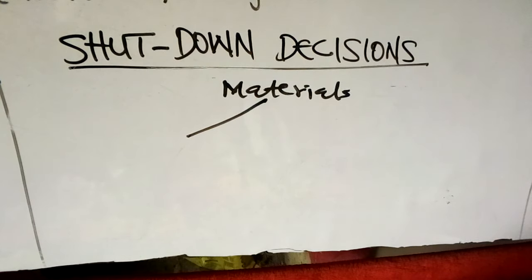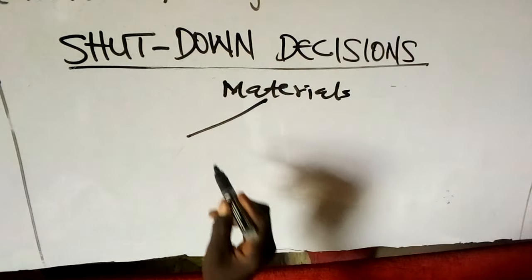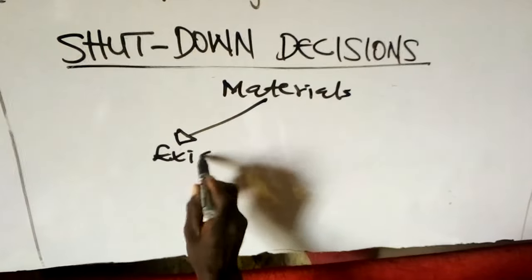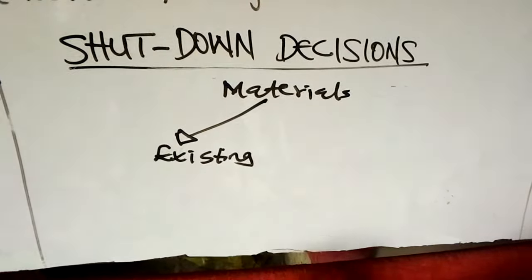The new one is the amount you incur in purchasing a new one for the project, meaning that the purpose of purchasing the new plant and equipment is for usage in the project. The purchase price of that new plant and equipment is a relevant cost for decision making. So for materials, we equally want to categorize them into two: existing and the new.